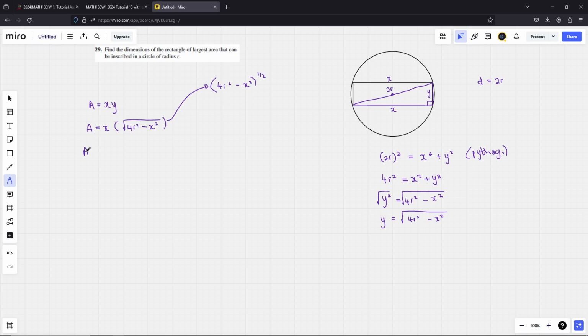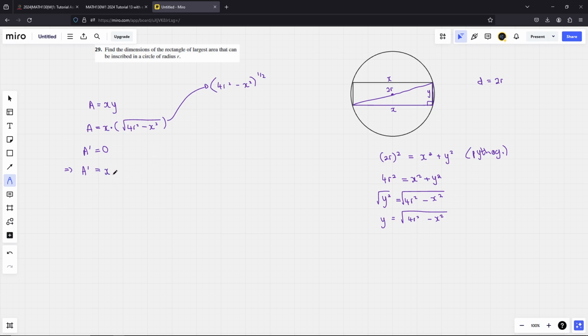Now let's find A prime, because we want to set A prime equal to 0 to find the maximum. So A prime is going to be equal to, taking the derivative of this, notice that we have a product rule that we're going to have to do.